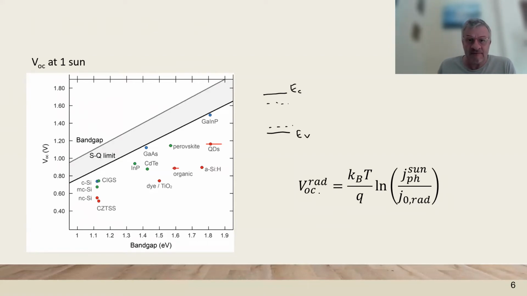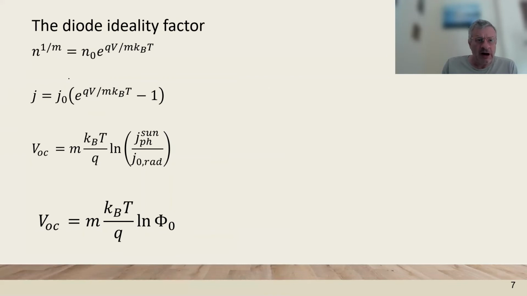And the radiative VOC depends on the incoming photon density logarithmically. Now, by including this diode quality factor in the JV curve, this law is going to change so that the dependence of VOC is linear with the logarithm of the photon intensity and with a number m and kBT over q. This is a way to derive the m.